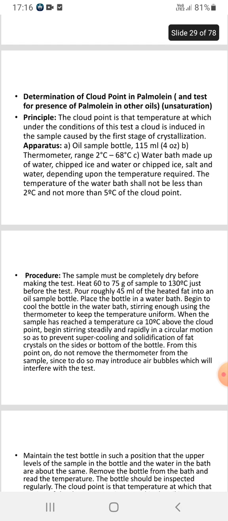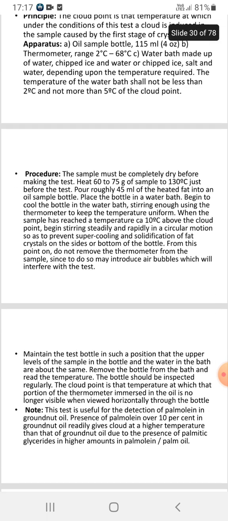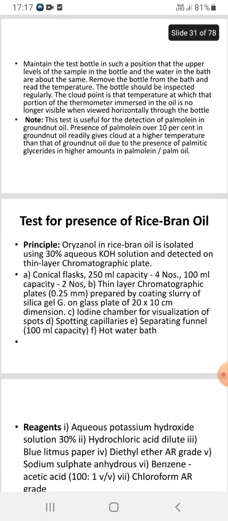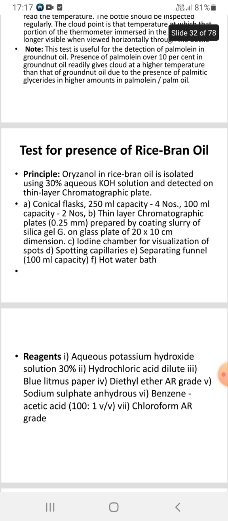Determination of cloud point in palmolein. Cloud point, the formation of cloud if there is a presence of palmolein in oils. This is another technique. Test for the presence of rice bran oil.